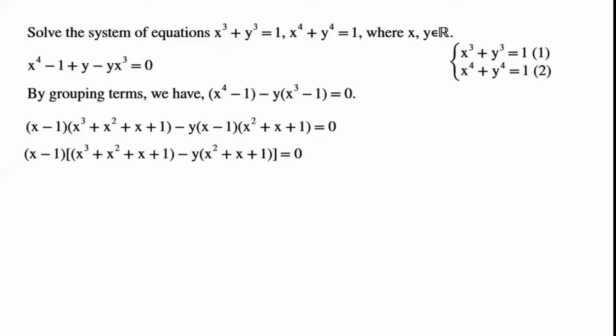So we can now write (x minus 1) times [(x cubed plus x squared plus x plus 1) minus y times (x squared plus x plus 1)] equals 0.